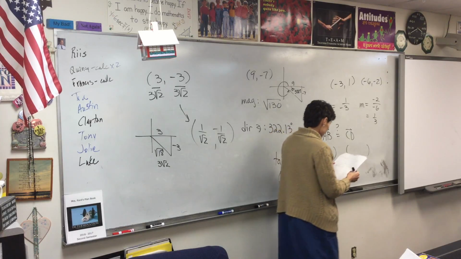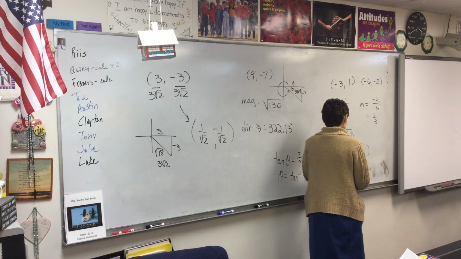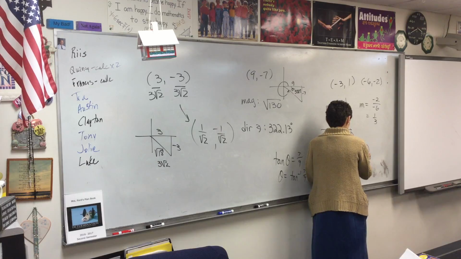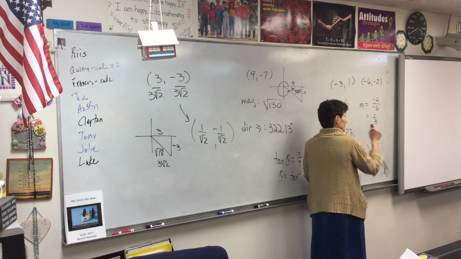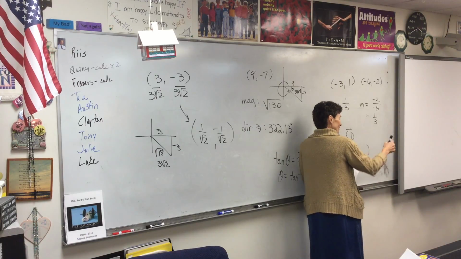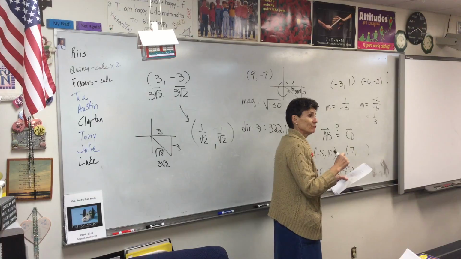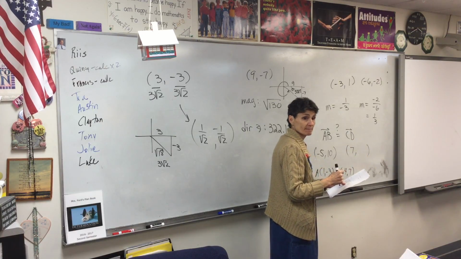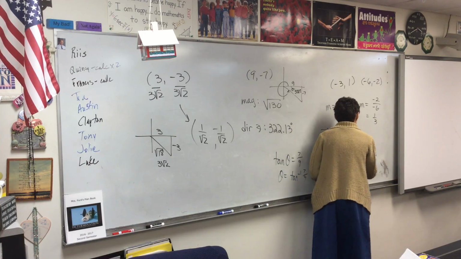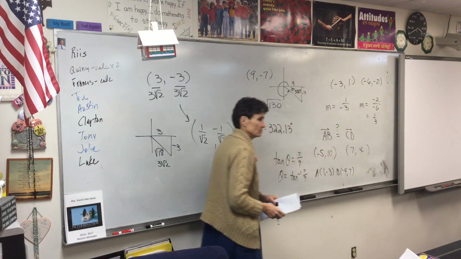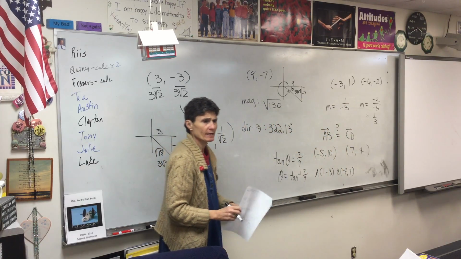Now do the same thing for CD. What are the components of CD? Nope, -2 to 5 is 7, and -1 to 3 is 4. Are they equal? No, they're not equal.